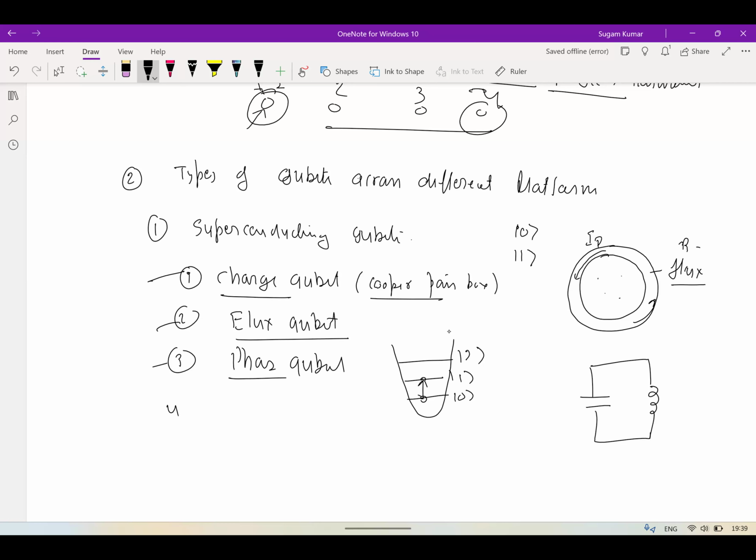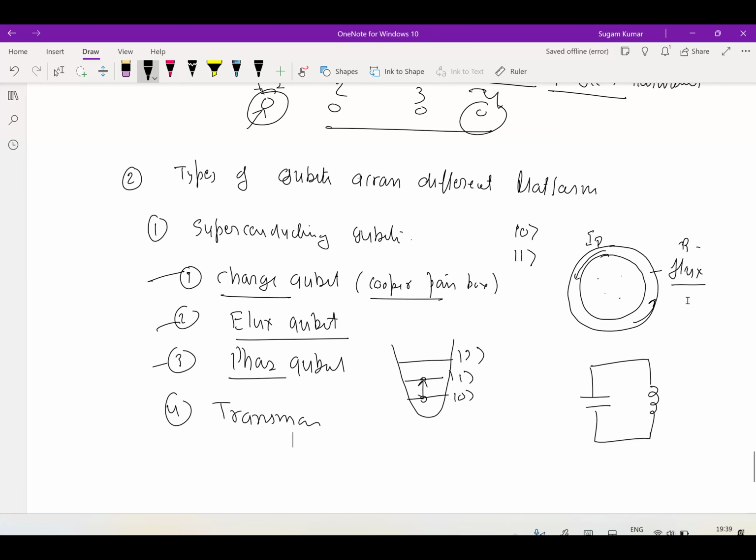And then there are modifications of this one. So one is called a transmon. Transmon is actually a charge qubit. Most of the superconducting companies these days are using these transmon qubits. Transmon qubits are nothing but an improved charge qubit, where the Josephson energy, which I will discuss later on, is much higher than the charging energy of the capacitor.